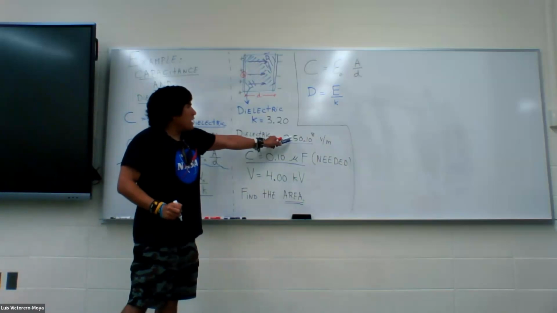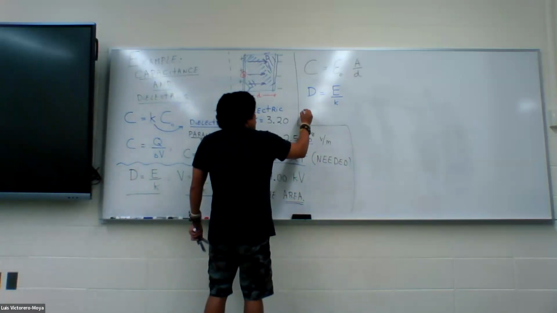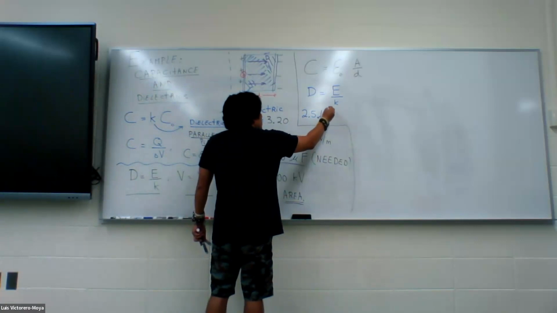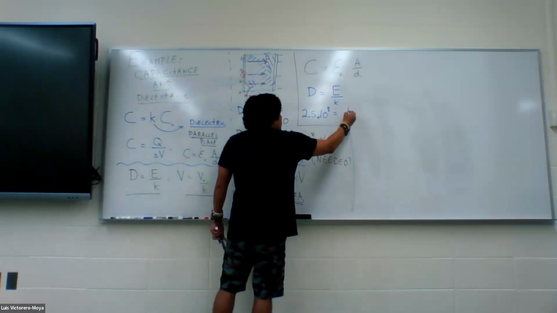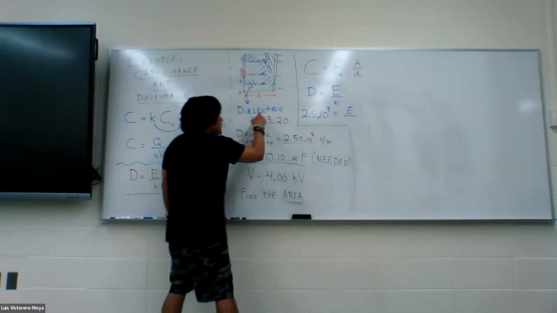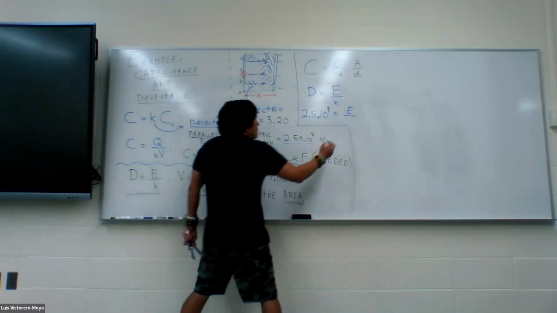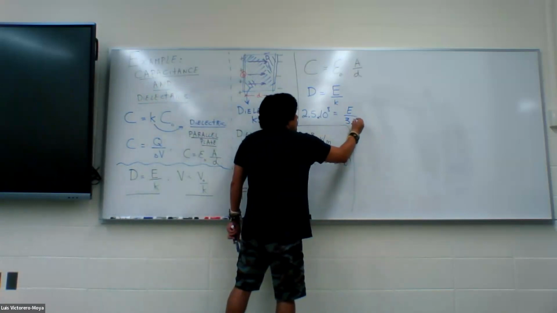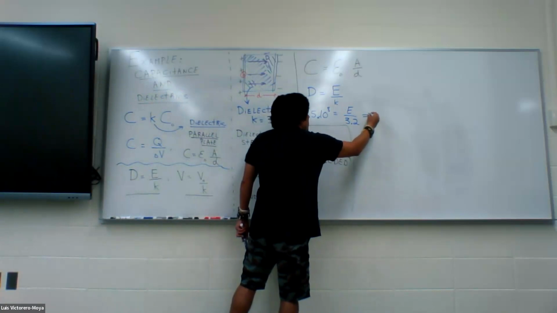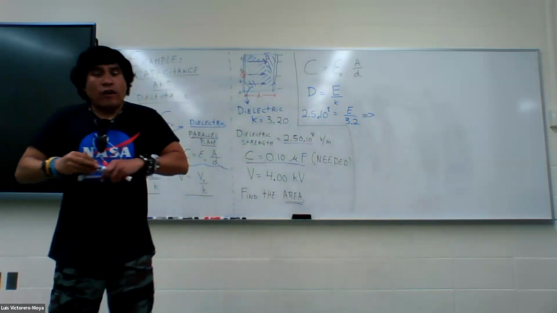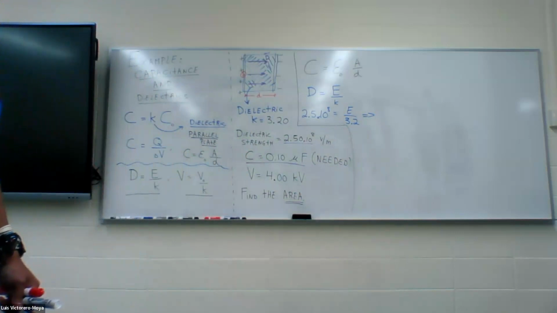So I have the dielectric strength, I want the electric field, and I have this K. That's how you find the electric field, by using that relationship.